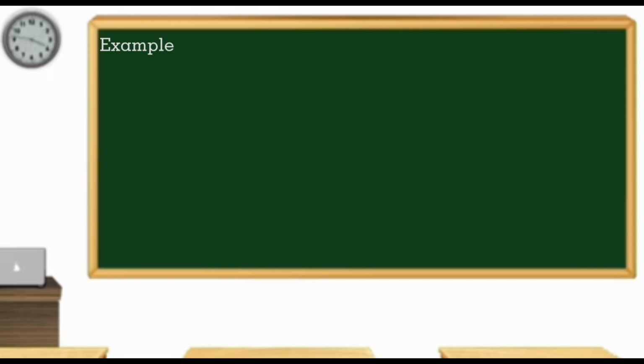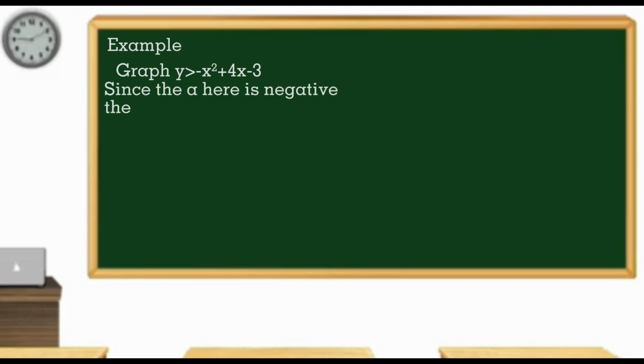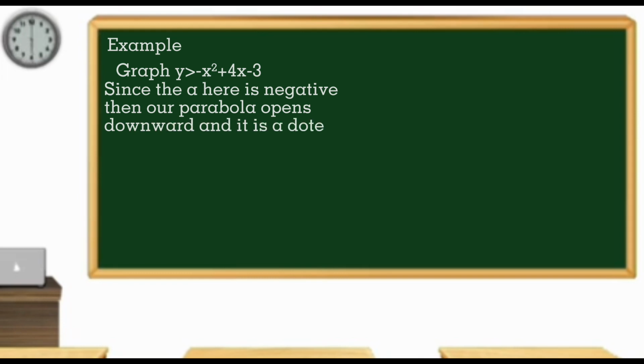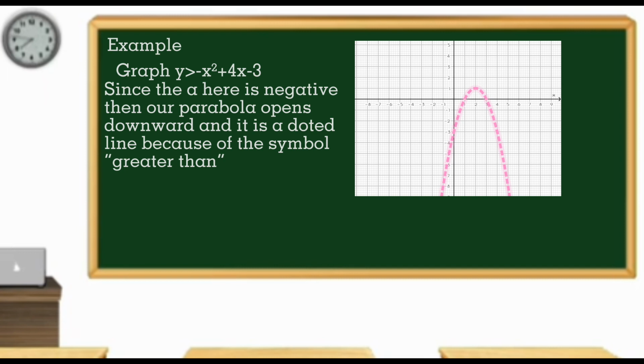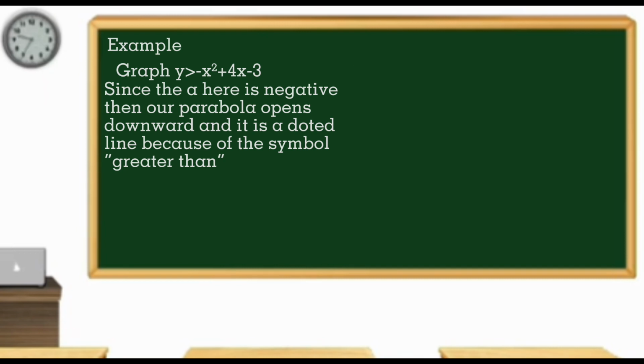Now, let's have another example of graphing. Graph y is greater than negative x squared plus 4x minus 3. Since the a here is negative, our parabola opens downward, and it is a dotted line because of the symbol greater than.